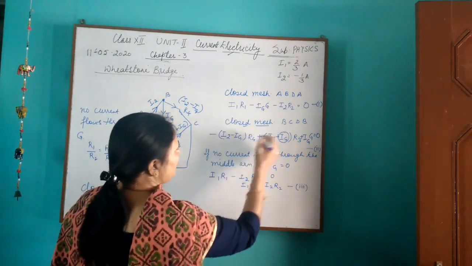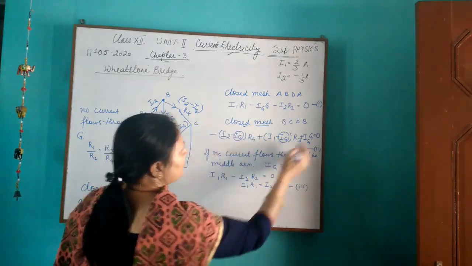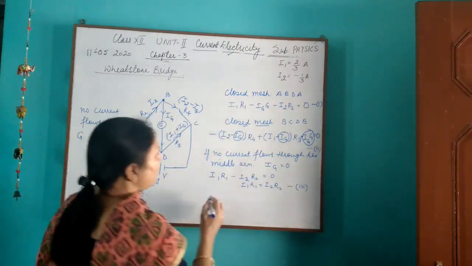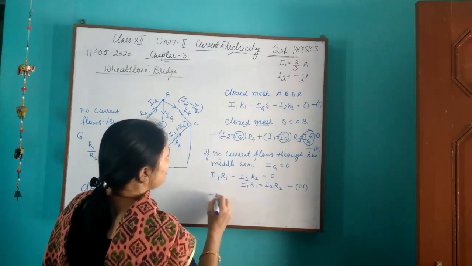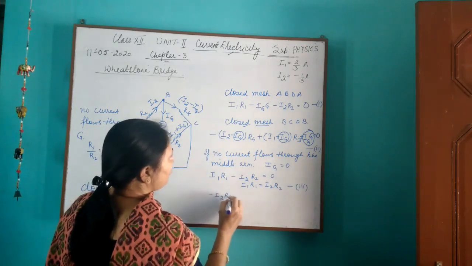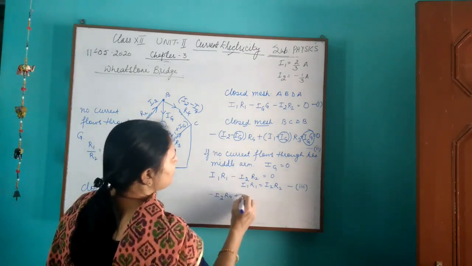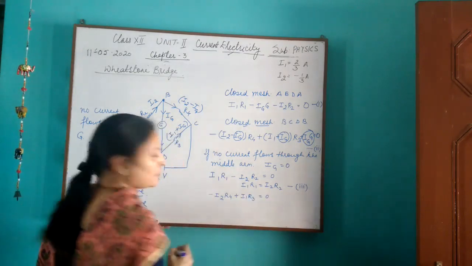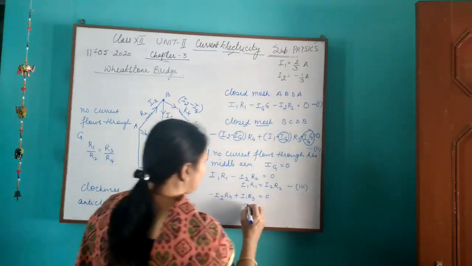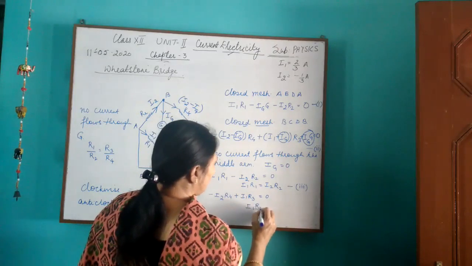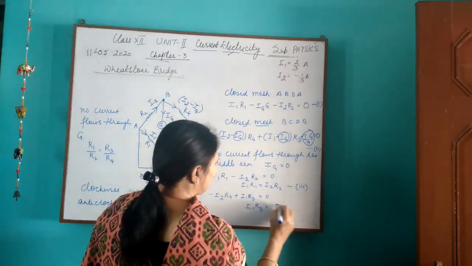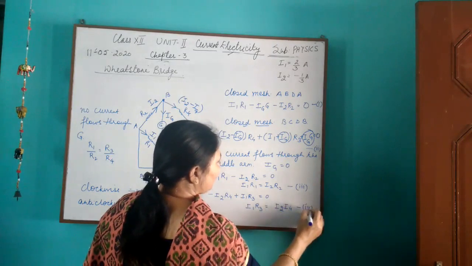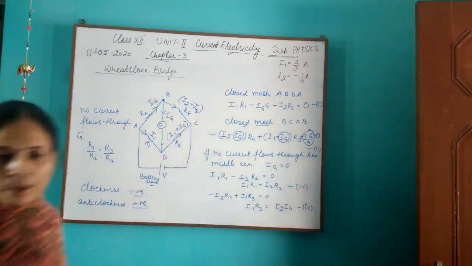So this is going to give me 0. This is again going to give me 0. This whole term will give me 0. So I am left with minus I2 R4 plus I1 R3 is equal to 0. This is going to give me I1 R3 is equal to I2 R4. Take it as equation number 4.